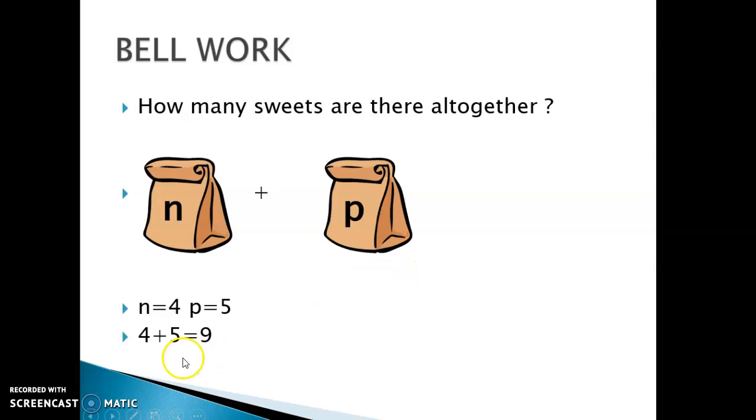Yes, so we are going to add 4 plus 5 equals 9. We just write N as 4 and P as 5 and add to get 9.